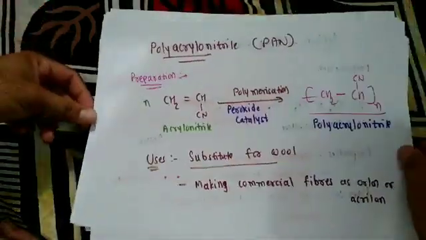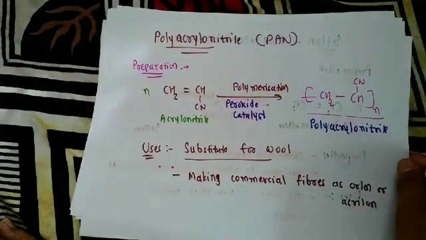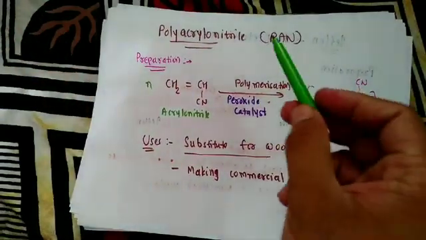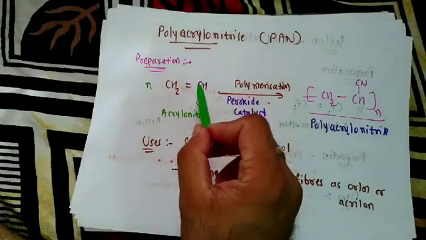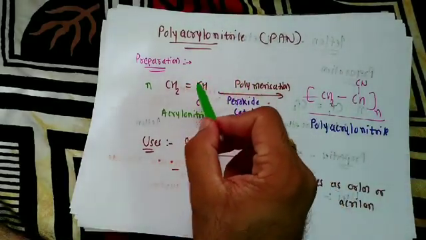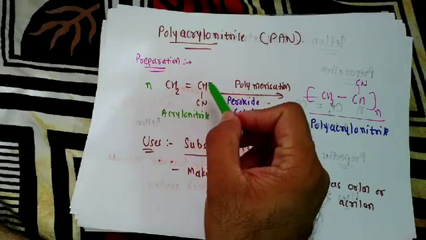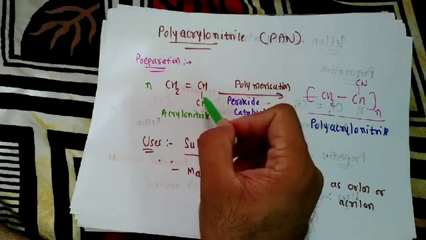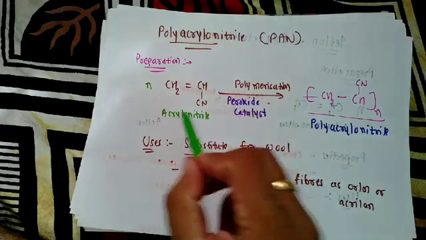Okay. The fourth and last addition polymer is polyacrylonitrile. Polyacrylonitrile is made up of acrylonitrile. Acrylonitrile is ultimately a derivative of ethene. Hydrogen is substituted by cyanide group and it will be converted into acrylonitrile.